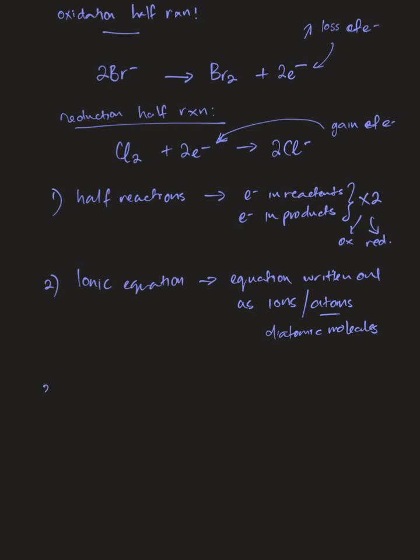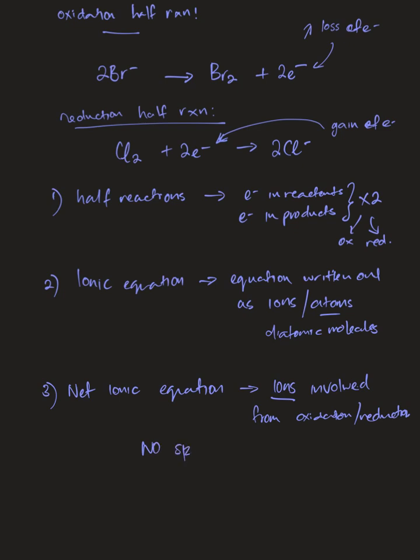And the third thing you have is something we call a net ionic equation. With the net ionic equation, you need to have the ions involved from oxidation and reduction with no spectator ions. So those are the three types of ways in which we can write out these questions.